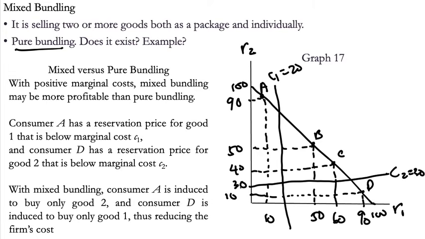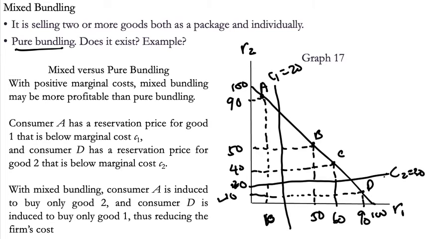You can see that consumer A has a reservation price for good 1 which is below the marginal cost of good 1. The marginal cost of good 1 is 20, but the reservation price for good 1 for consumer A is 10, which is below 20, isn't it? And if you look at consumer D, his reservation price for good 2 is 10, which is below 30, the marginal cost of producing good 2, isn't it?